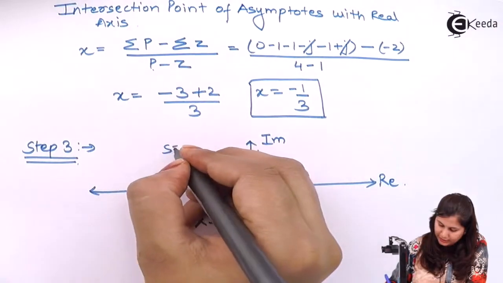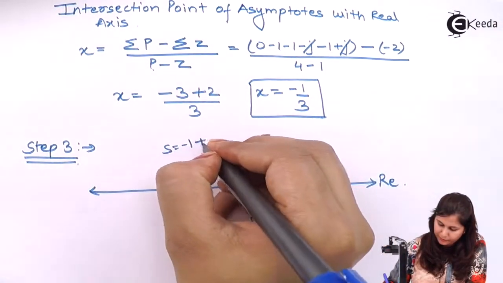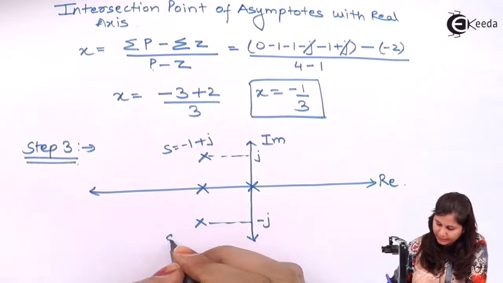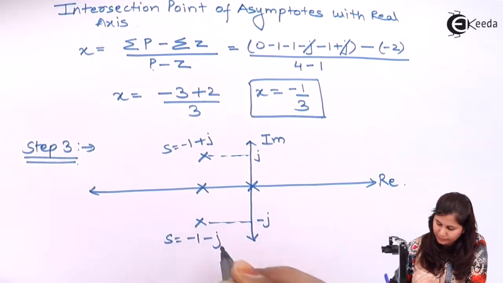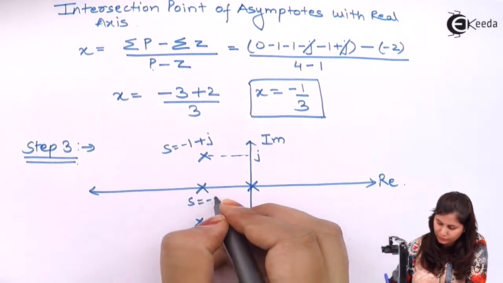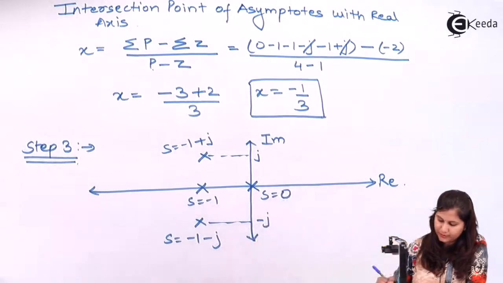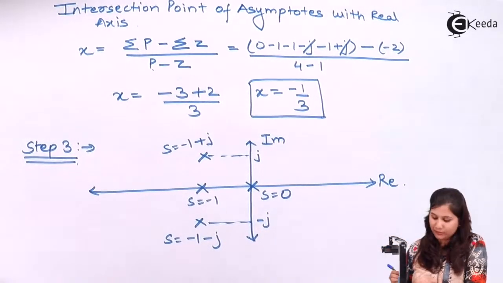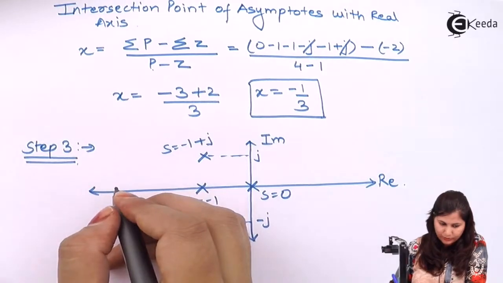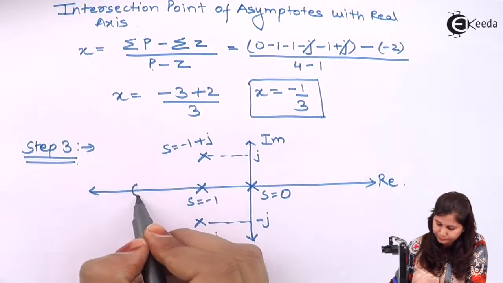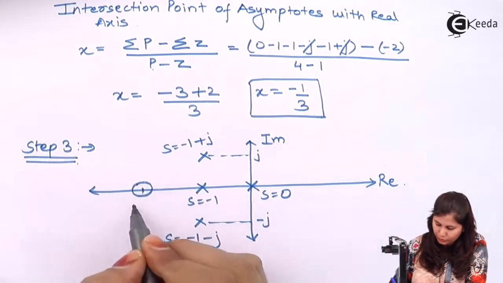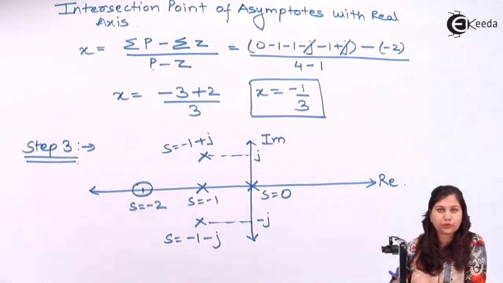So this is s equals to minus 1 plus j. This is s equals to minus 1 minus j. This is s equals to minus 1, s equals to 0. We have one zero also at s equals to minus 2. So this is s equals to minus 2.